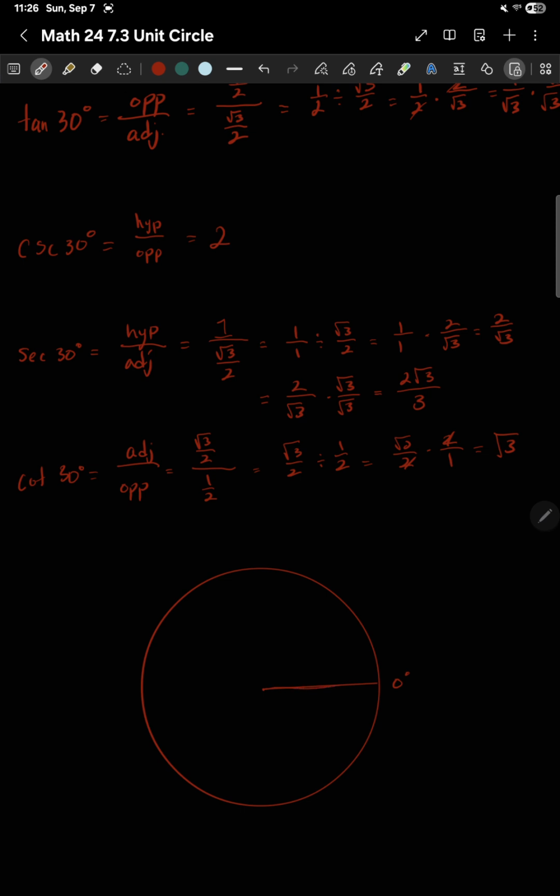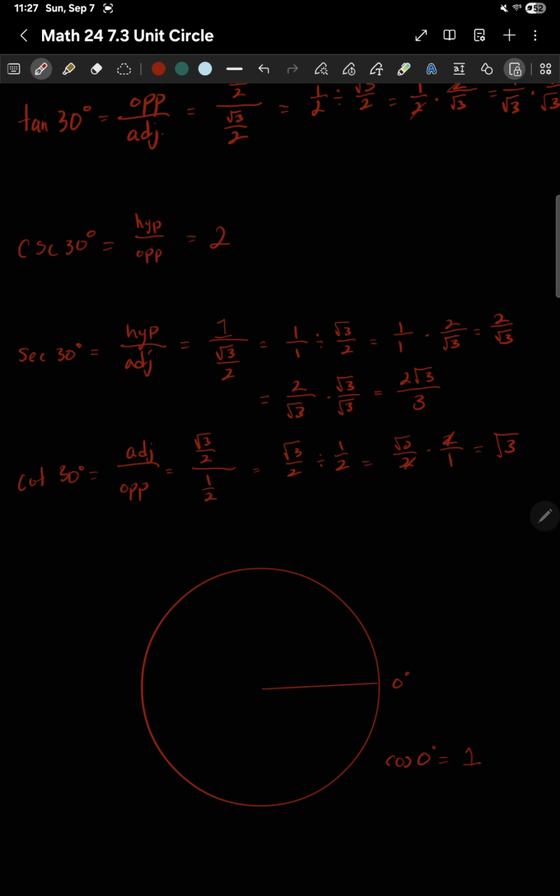Well, so this distance, right, typically that's the base of the triangle. But in this case, it's also the radius, right? We know this radius is equal to 1. So if this distance is equal to 1, and you could kind of think of this as the base of the triangle, this is basically telling us that cosine of 0 degrees is equal to 1, because the base of our triangle is basically the entire triangle.